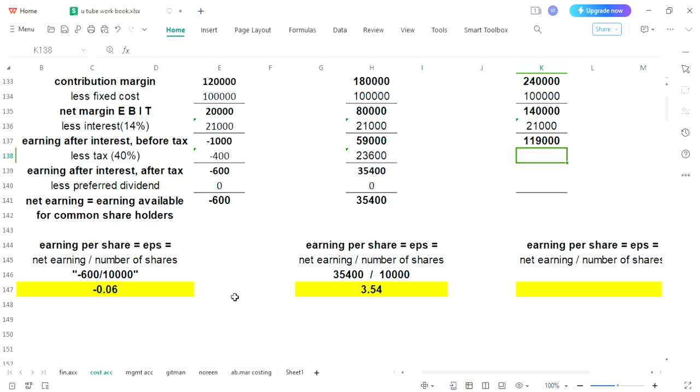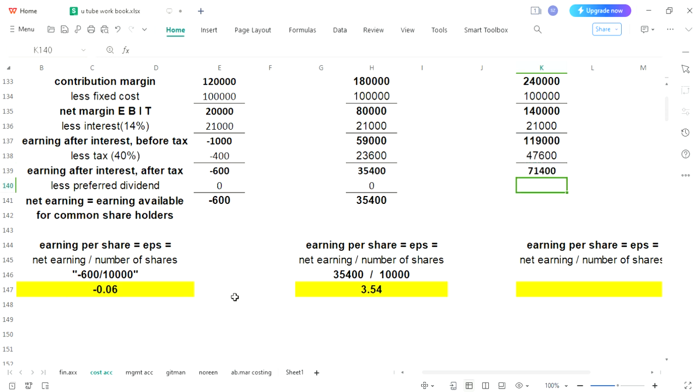So we are now open to calculate our tax, 40%, for which we need previous income. 119,000 is your income and you will calculate 40%. 119,000 was income before tax, then you have calculated tax. Now income after tax can be calculated by subtracting tax from previous income. 1,19,000 previous income, amount of tax 47,600.